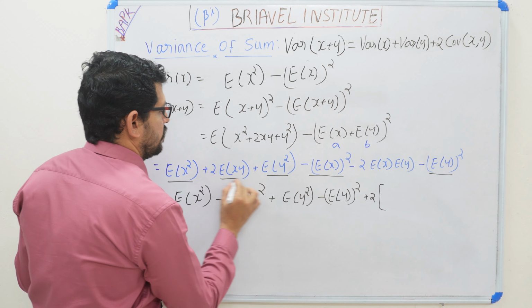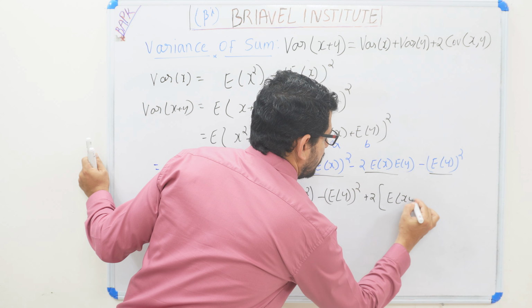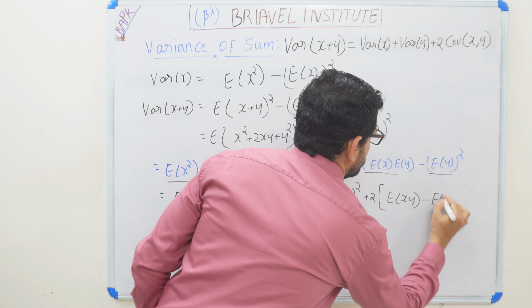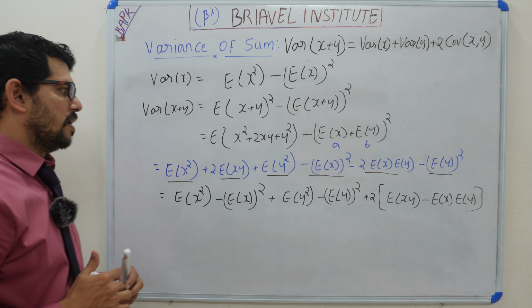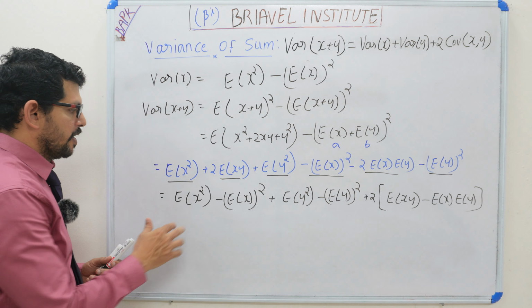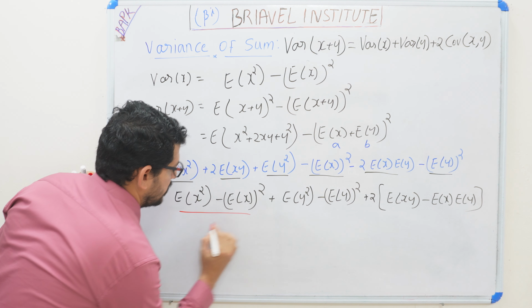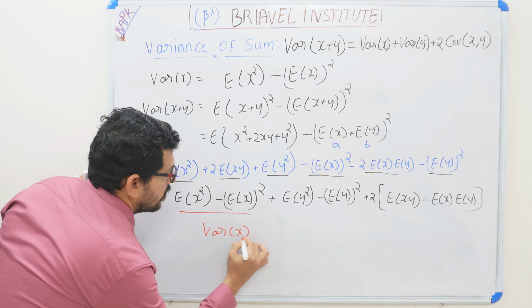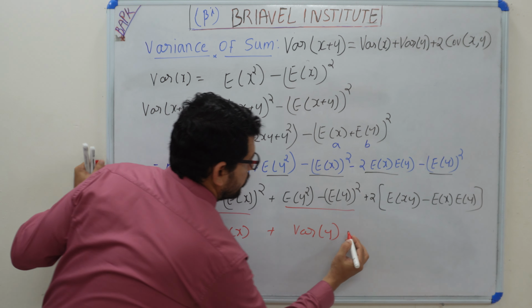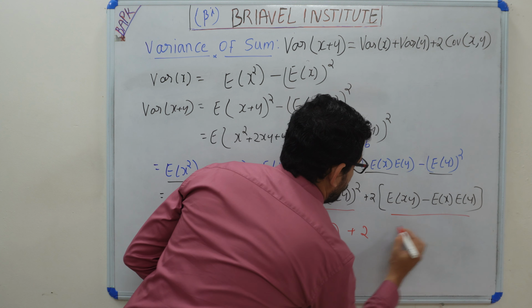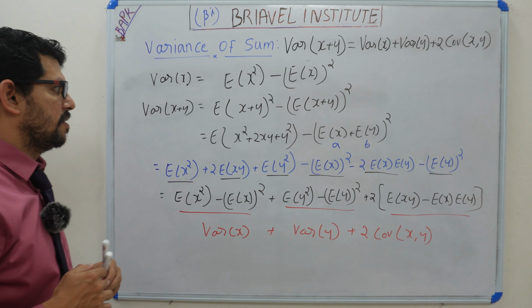This 2 is there, both places 2 is there. 2 is taken outside: expectation of XY minus expectation of X, expectation of Y. So you just check it. Again we studied one more formula: expectation of X square minus expectation of X whole square. So this one we can write up to here. It is a variance of X, this is a variance of Y, plus 2 times this is a covariance of S comma Y. So we have proved it again.